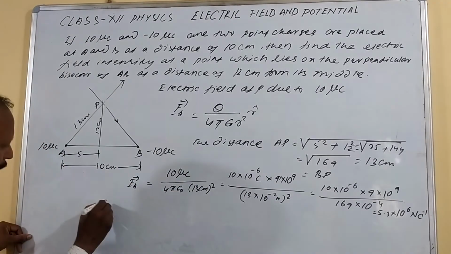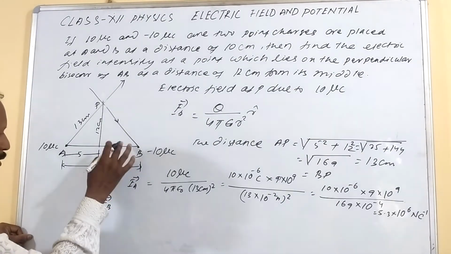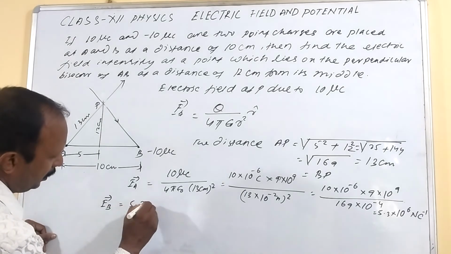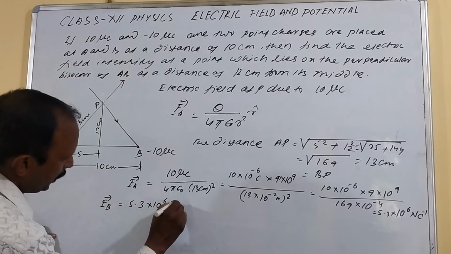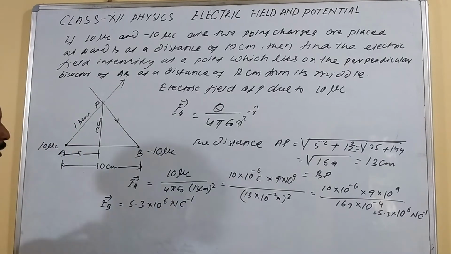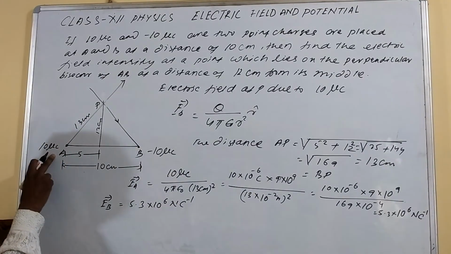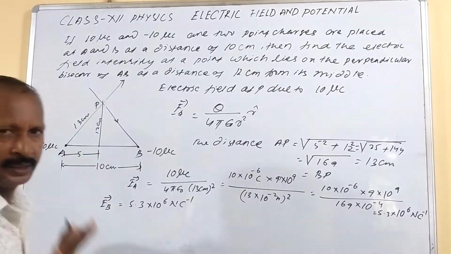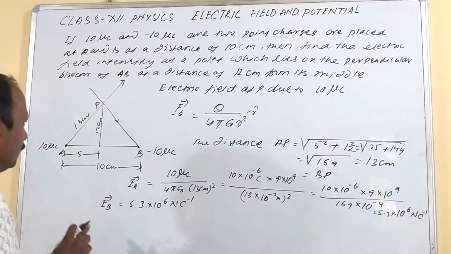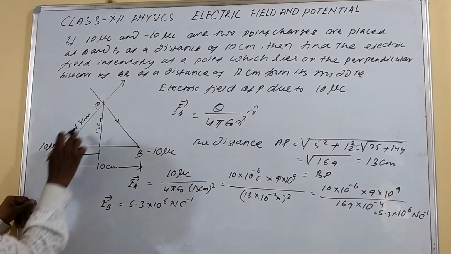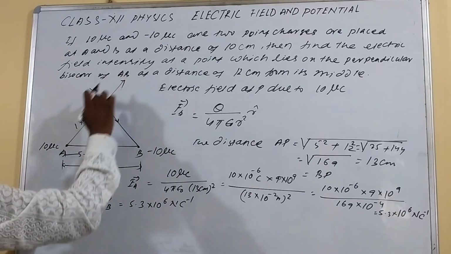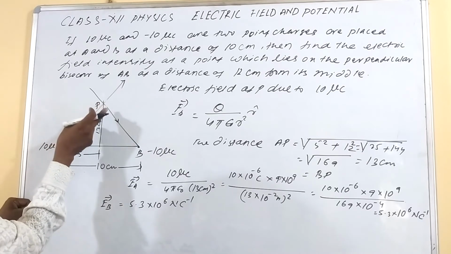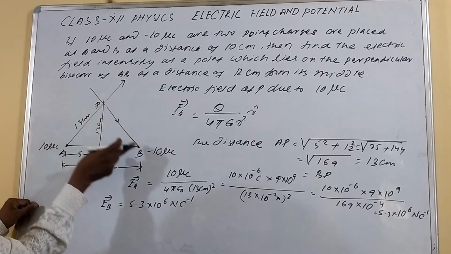Similarly, the electric field due to charge B is also equal to 5.3 into 10 to the power 6 Newton per Coulomb, because this is 10 microcoulomb, this is also 10 microcoulomb. Minus does not matter, we will take only the magnitude. But since it is the positive charge, its direction is along AP like this, and it is the negative charge, so its direction is like this, PB.